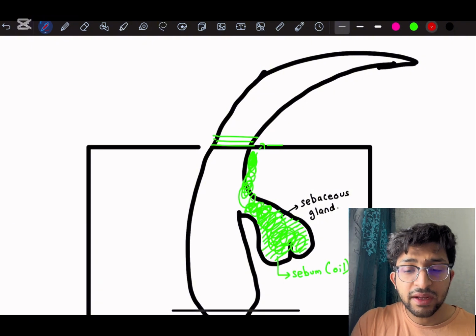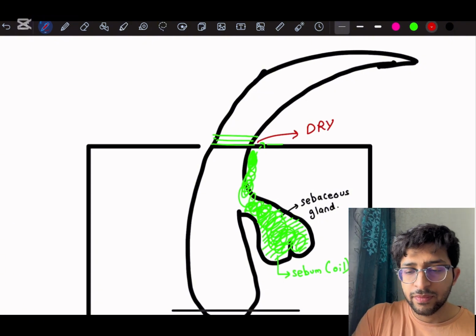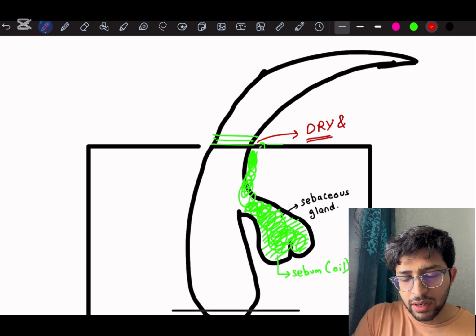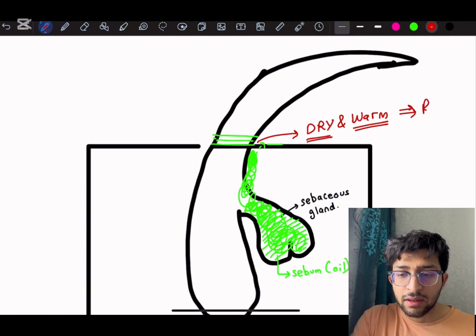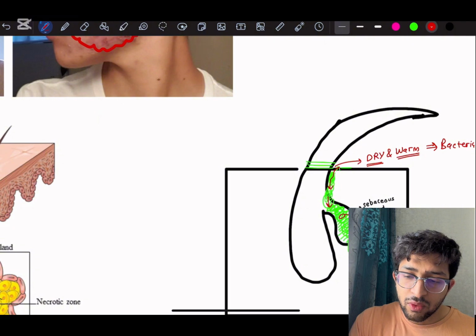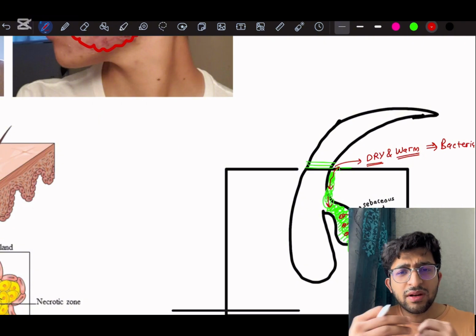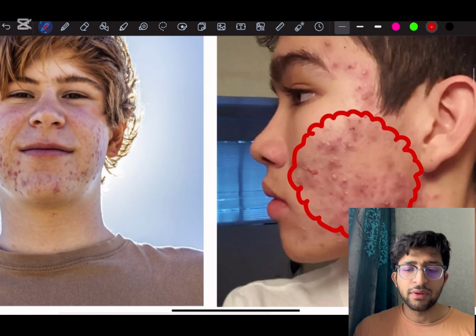And this area will get dry, right, and warm, and this is an ideal place for the bacteria to come. That's how the bacteria will come and go inside, and it will release their stuff, and that will result in this kind of pop outs, right?